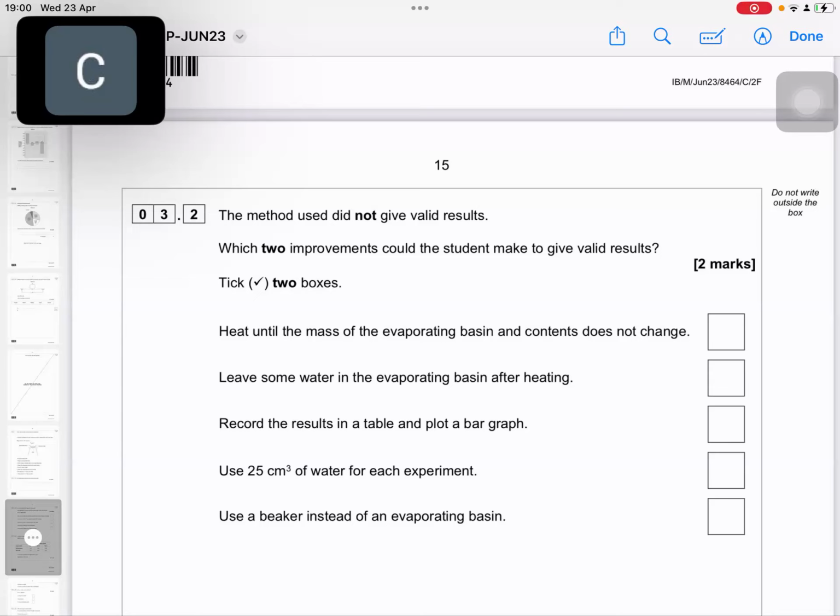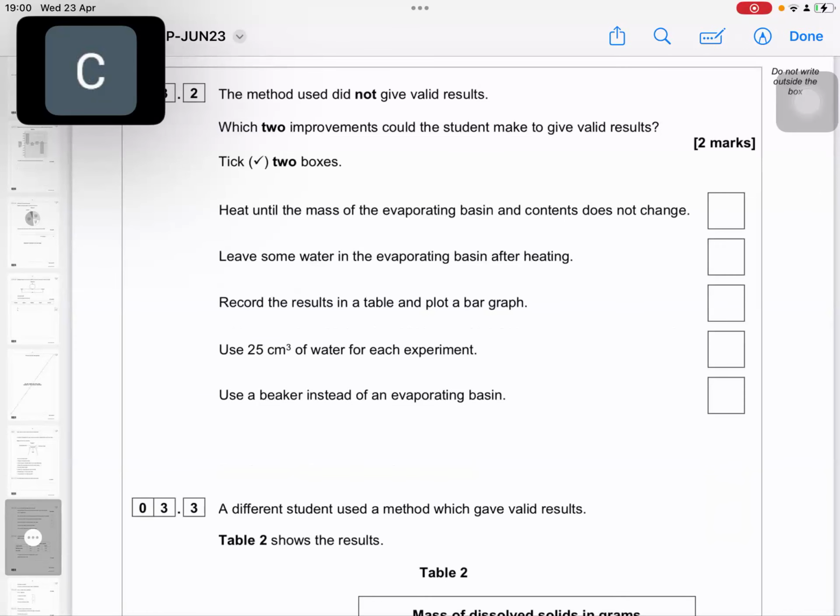To attend to this question, I think I would go with the second to the last one. Use 25 cubic centimeter of water for each experiment. Why? Because you are more specific about the amount of water you're using. Let's imagine what this experiment is trying to do without being told.